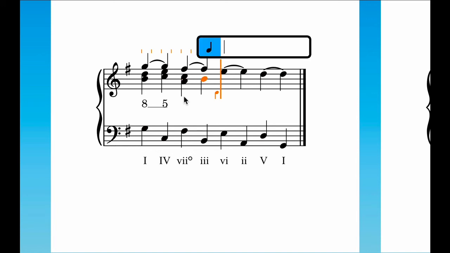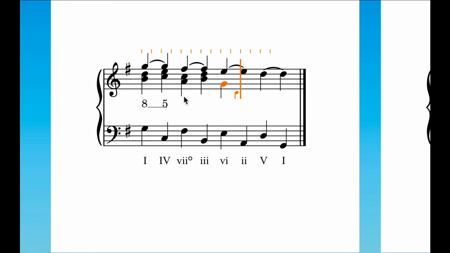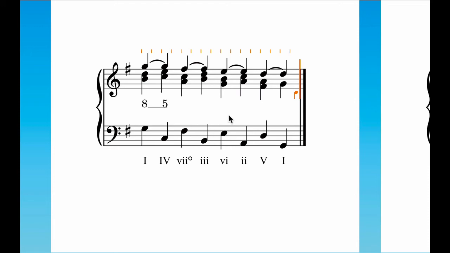Let's see here. B. And then G. A. And then, made a mistake here.